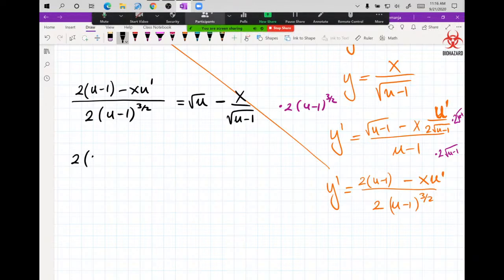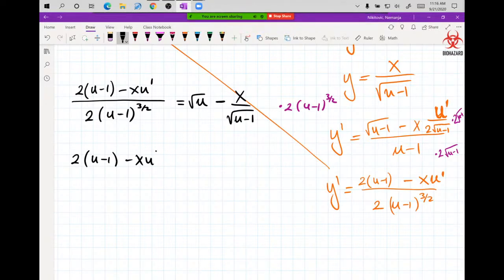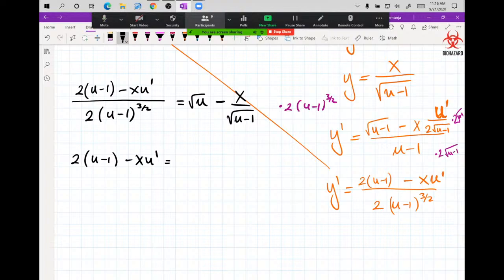We are left with 2u minus 1 minus x u prime equals 2 root u minus 1 to the 3/2 minus, this is going to stay 2x(u minus 1). Because one of those halves is cancelled with the denominator, so 2 over 2 is 1. So u minus 1 to the first power, and then the 2 and then the x.